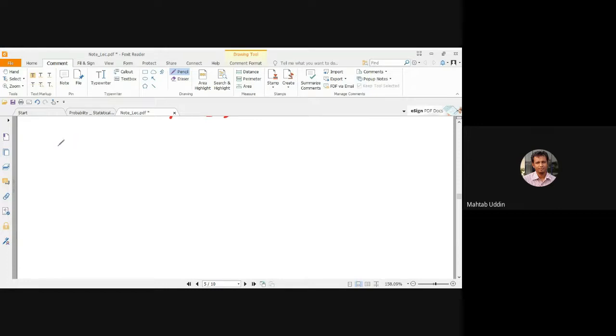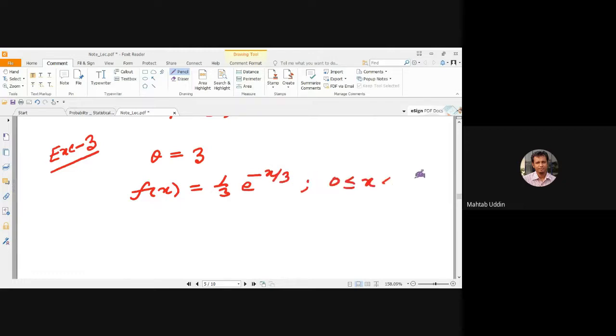Exercise 3. What is exercise 3? Theta is given. Theta is 3, right? If theta is 3, f(x) in the exponential distribution, what is f(x)? Okay. Then what will f(y) be?